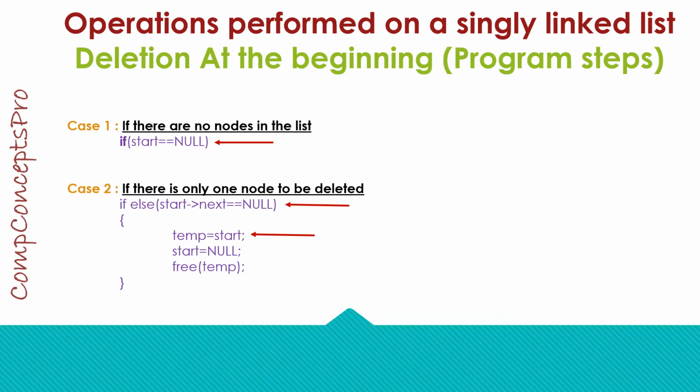Please go through it. The link for the same I have mentioned in the description box. Now, the next step is to make the start pointer null, as after this deletion operation there would not be any more nodes in the list. And finally, we can delete temp, which is the first and only node of the list.